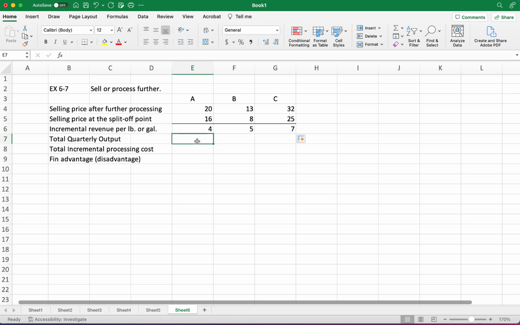We have the quarterly output for product A, product B, and product C. We're going to enter that, right? I didn't make up any numbers. This is coming from the problem. They tell us that the quarterly output for product A is 15,000 pounds.